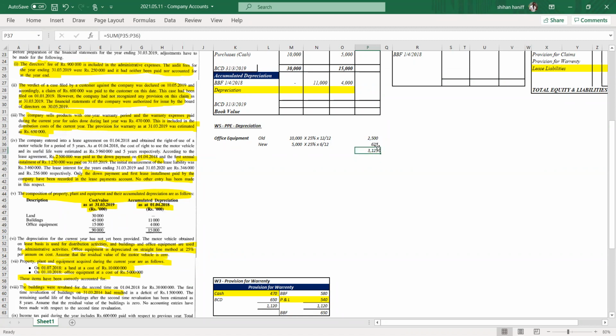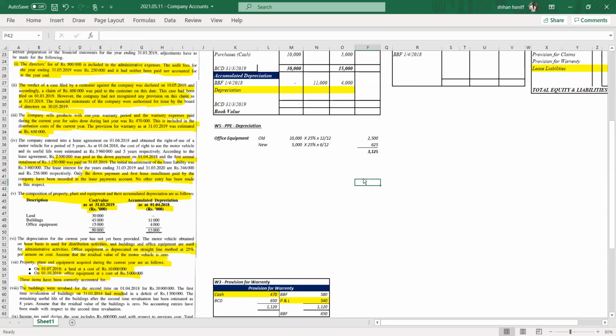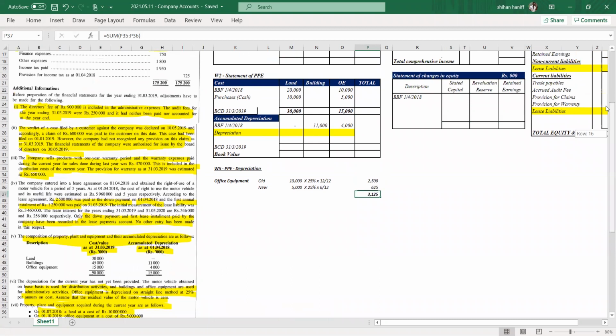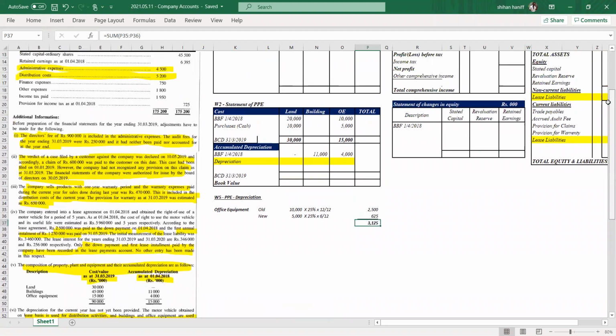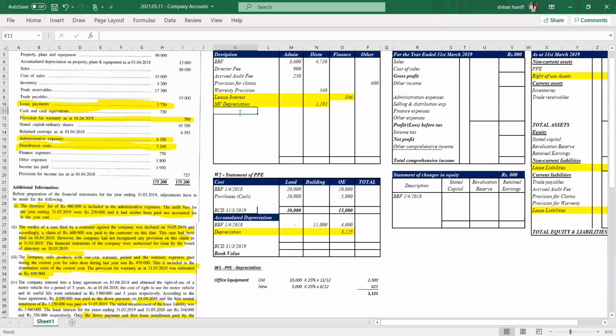Total 3,125. It's the depreciation for office equipment and take it under administration expenses. $3,125.